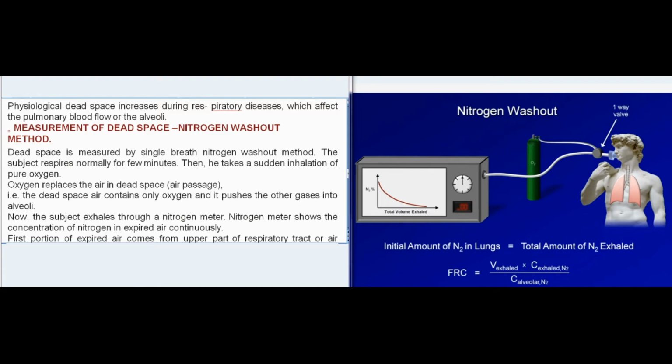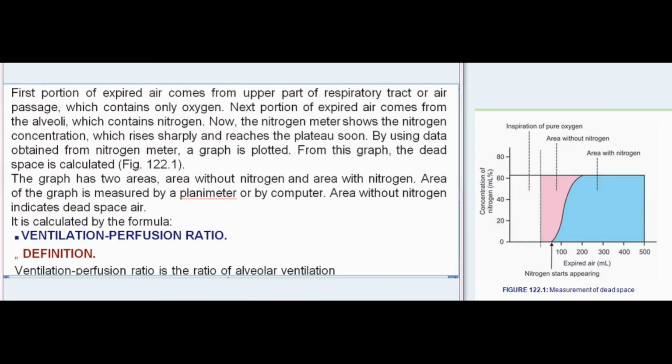Nitrogen meter shows the concentration of nitrogen in expired air continuously. First portion of expired air comes from the upper part of the respiratory tract or air passage, which contains only oxygen. Next portion of expired air comes from the alveoli, which contains nitrogen. Now the nitrogen meter shows the nitrogen concentration, which rises sharply and reaches the plateau soon.